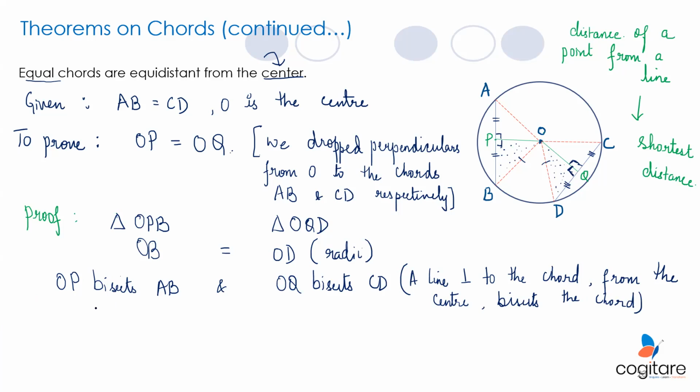But we already know that AB is equal to CD because it's given that the chords are equal. Then can we assume half of AB will be equal to half of CD? What does that mean? Half of AB is PB and half of CD is QD. Right?